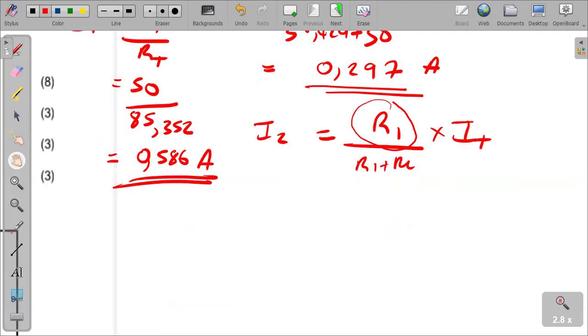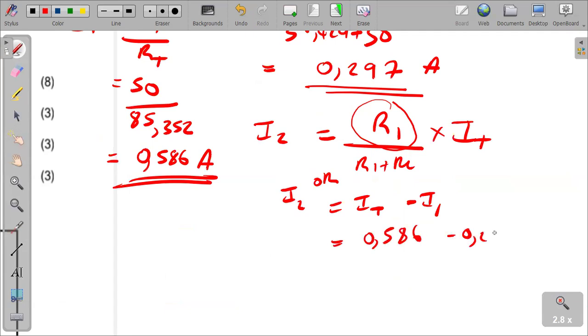By so doing, we'll simply say, okay, I2 is equal to IT minus I1, because IT is the current that is entering the junction. I1 is the current leaving, which is 0.297 that we already have. So we'll directly say 0.586 minus 0.297. And of course, we are going to get 0.289 amperes. We have arrived. That marks our I2. Let's quickly go to the next question.